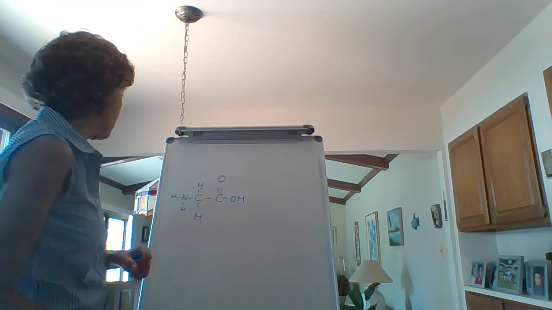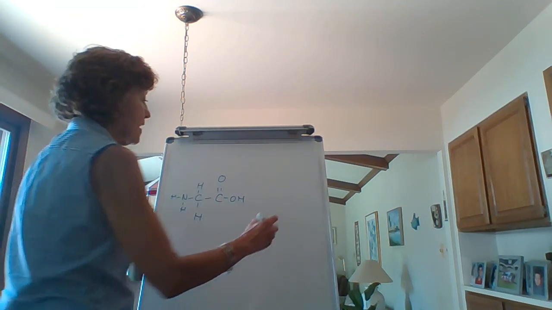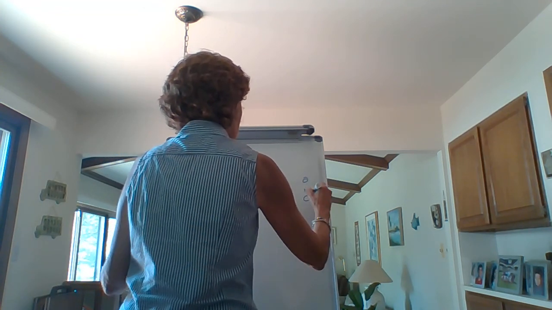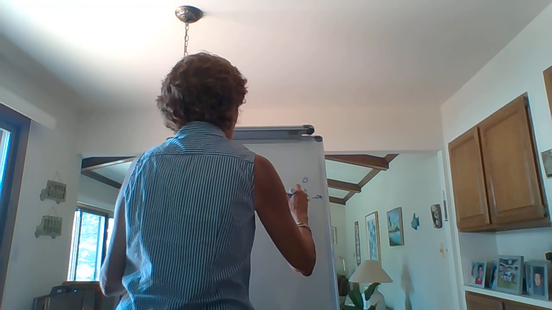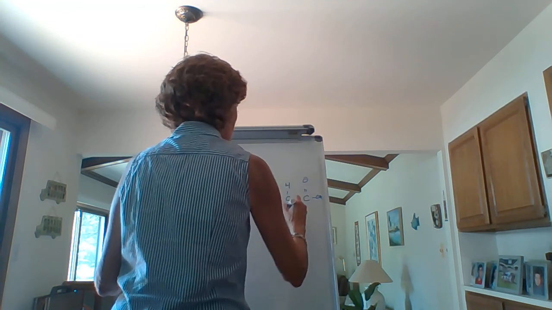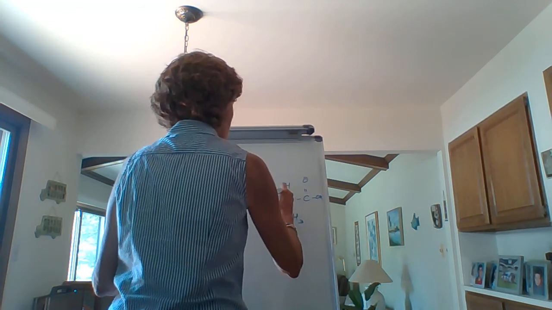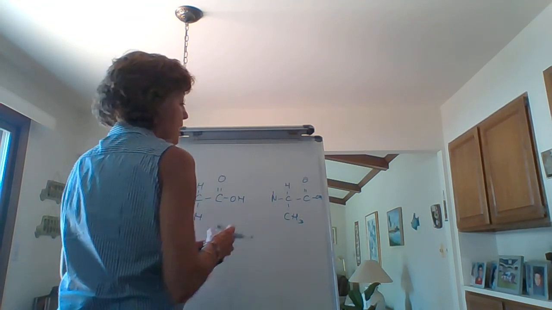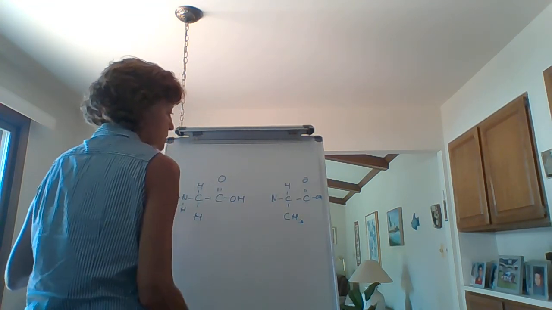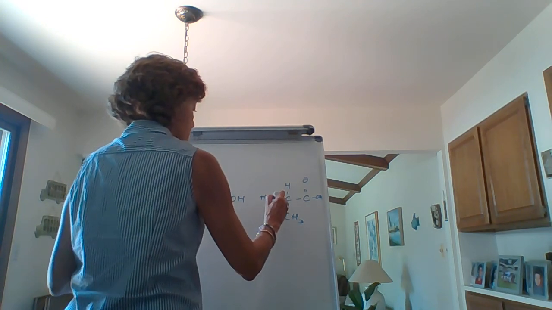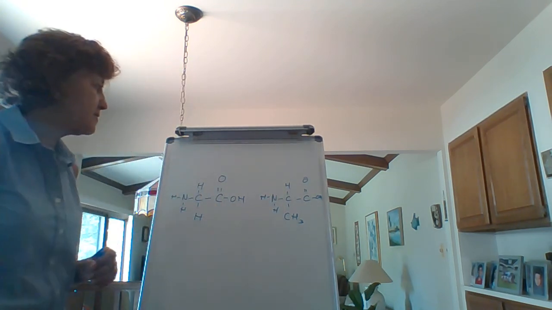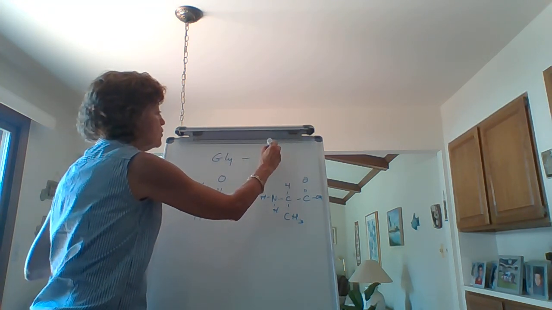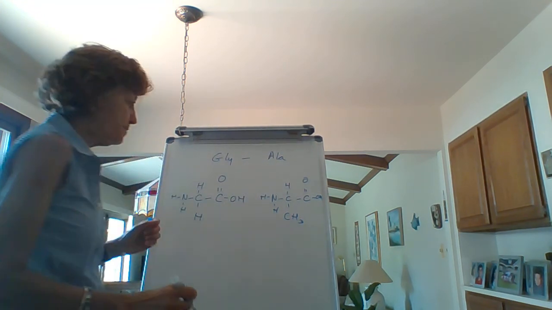And then I'm going to have another one. Let's say I've got this one. Let's see if you can recognize these guys. This is an alanine. And this is a glycine. So this is a glycine, and I want to bond it to an alanine.